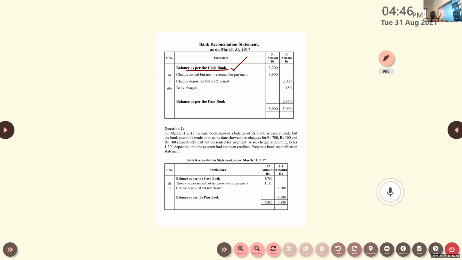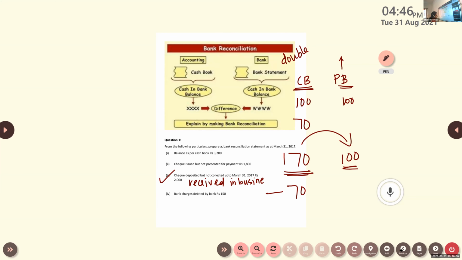Now, these two are clear: check issued but not presented for payment, and check deposited but not cleared. Now let us see the next one, bank charges. What are bank charges?